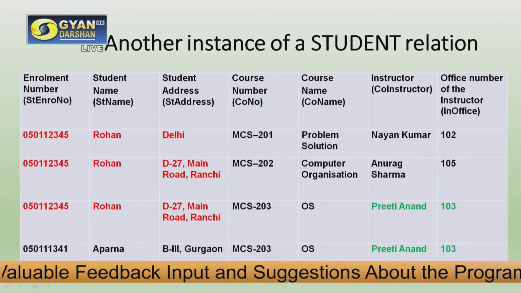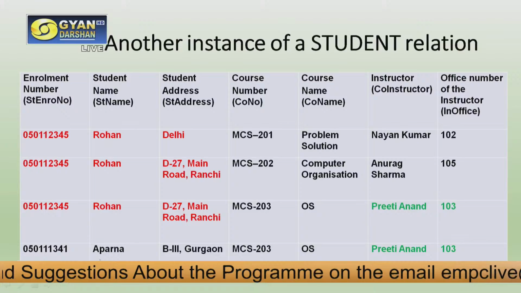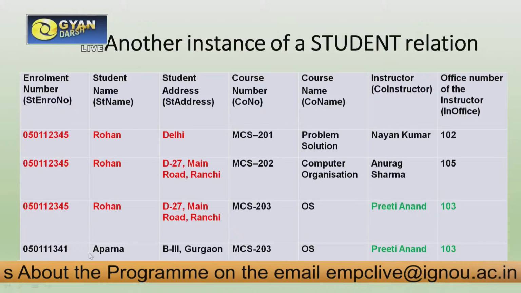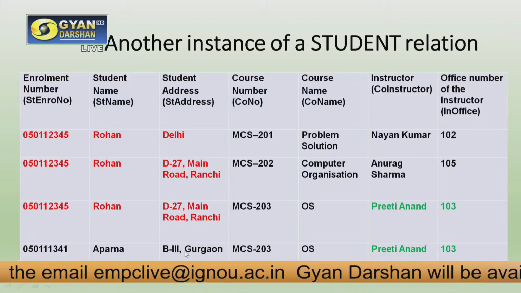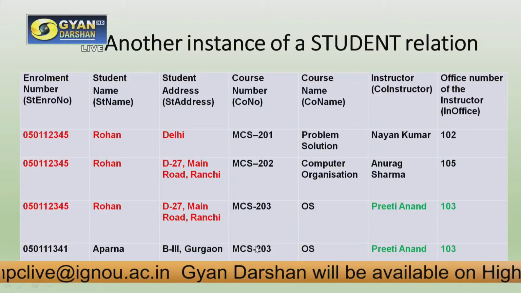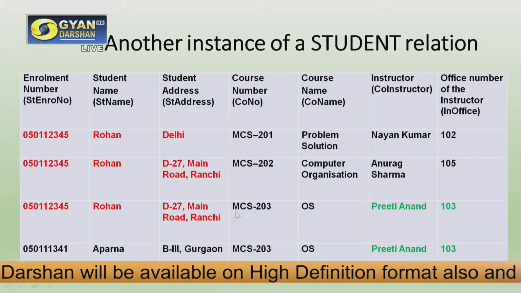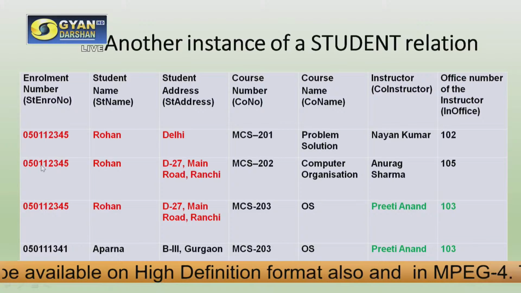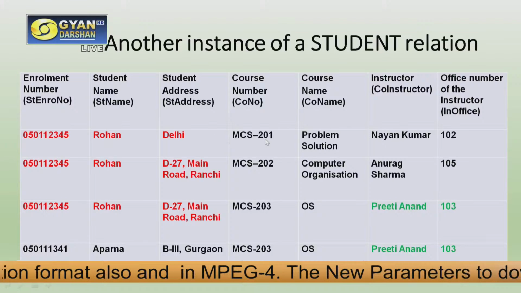That particular information cannot be entered in this relation, because the primary key to this relation is going to be the enrollment number as well as the course code, or the course number, because a student can take, over here the student enrollment number is repeated but for a different course.